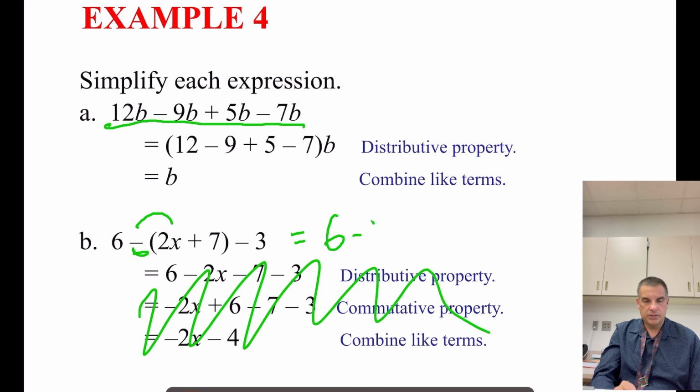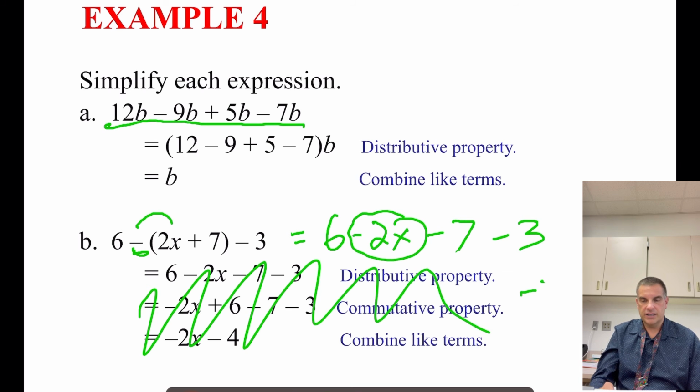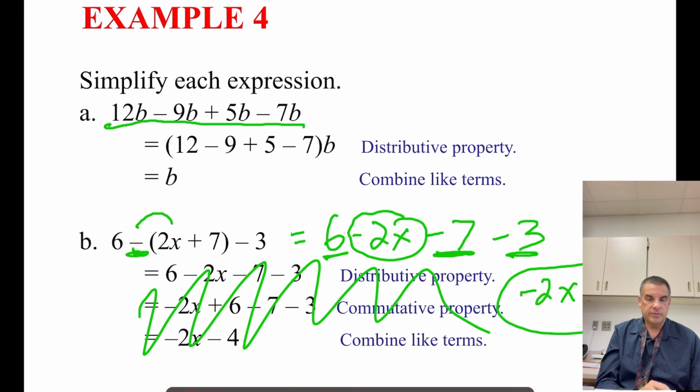That negative symbol needs to be distributed into both spots. So that's negative 2x minus 7 minus 3. Now you've got your variable negative 2x. And then you've got 6 minus 7 minus 3, which is negative 4. So you do have to watch out a little bit when they put that subtraction symbol in there, that you distribute that throughout everything.